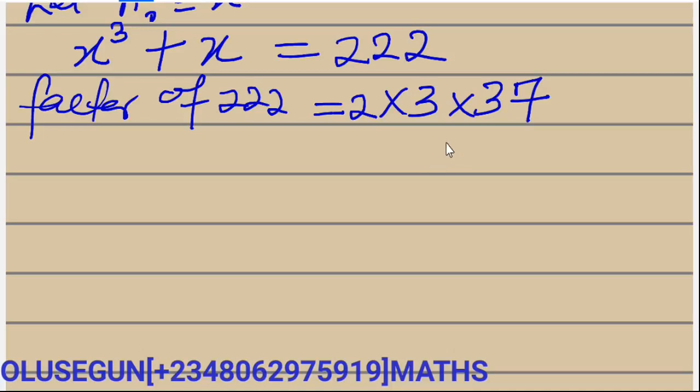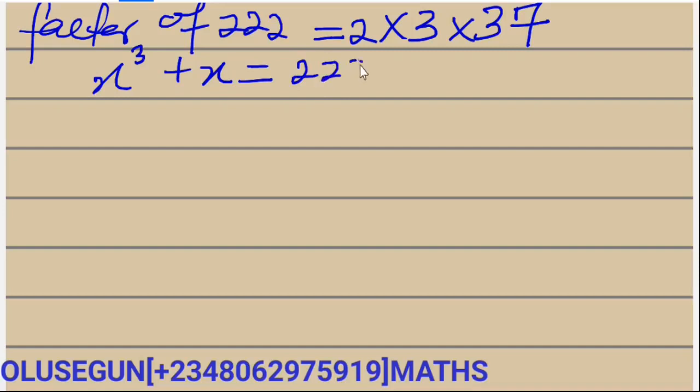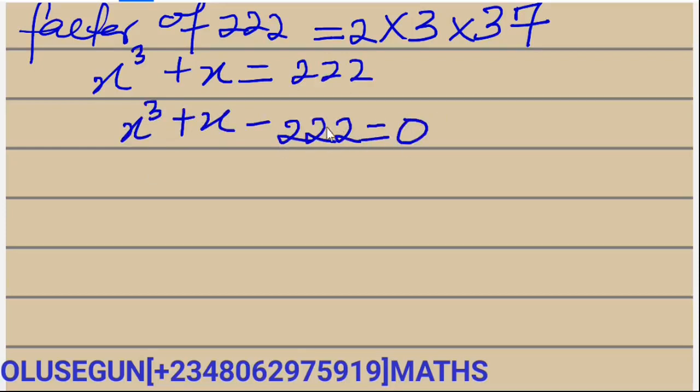So now, in this our equation, which is x cubed plus x is equal to 222, we now say x cubed plus x minus 222 is equal to 0.